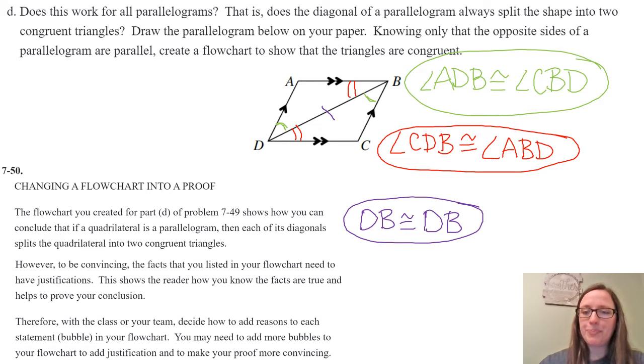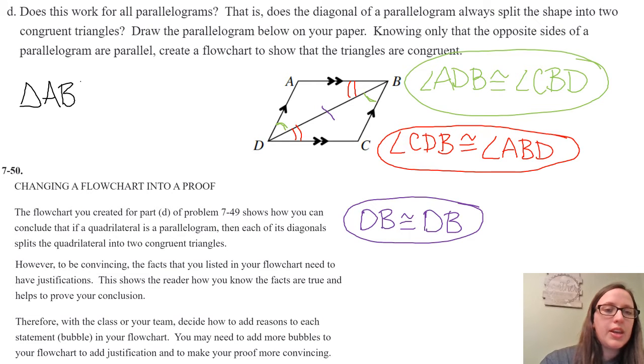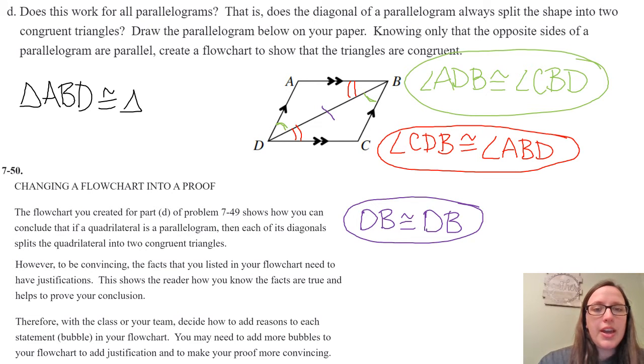Now we can say our last statement, triangle, actually I might write it over here to the left, triangle ABD is congruent to triangle, and then A corresponds to C, so I'm going to start with C, and then we want to go in the corresponding order.